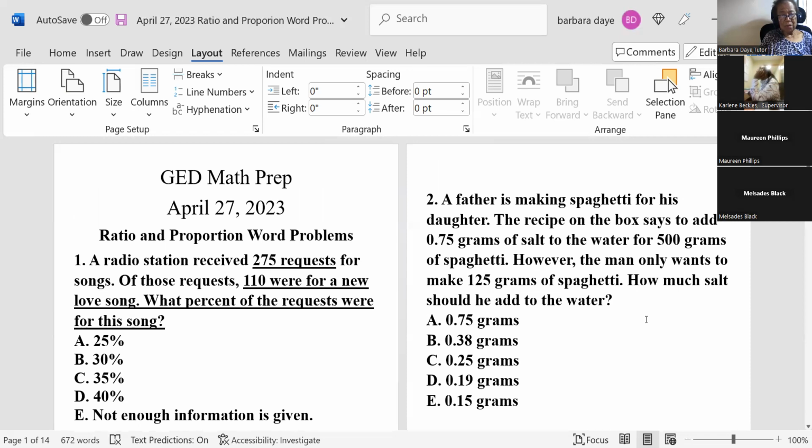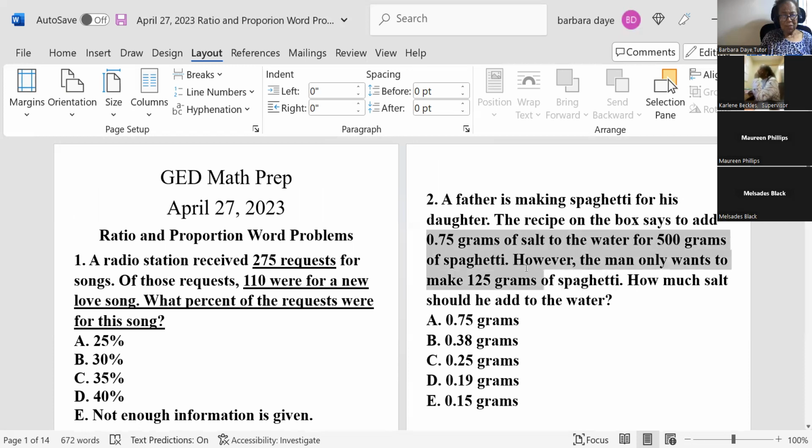Oh, I see. Okay. Added 0.075 grams of salt to the water for 500 grams of spaghetti. Yeah, this is what you were given. That's what the recipe says.